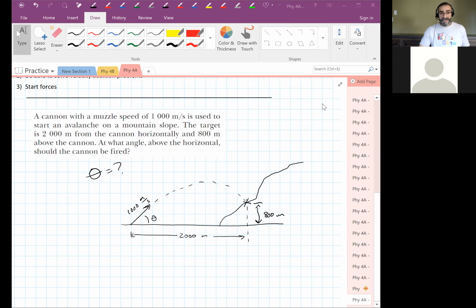So what's the first thing you have to do? Define your origin and your positive directions. I would probably pick this. Maybe you did too. There's my origin. There's my positive x direction. There's my positive y direction.